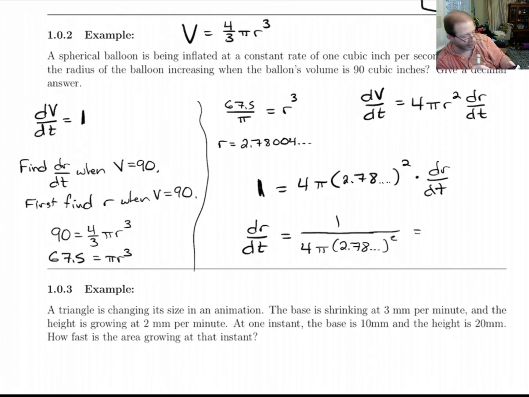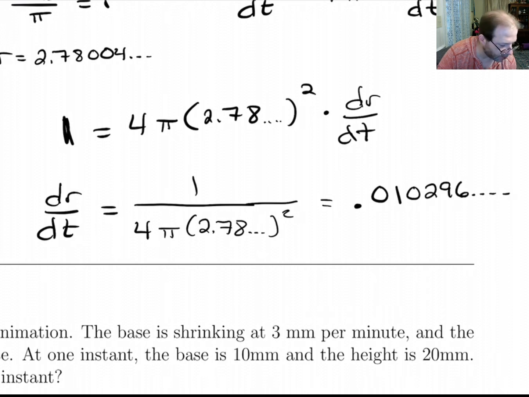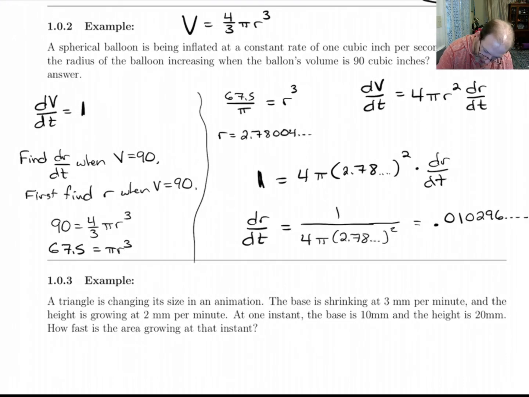To get the answer itself, I'm going to do 1 over that, and I get an answer of 0.010296. I should probably worry about significant figures, but it's math class. We're not going to worry about that. That's our answer, and that is in inches per second.